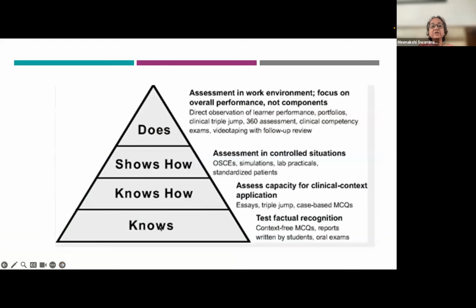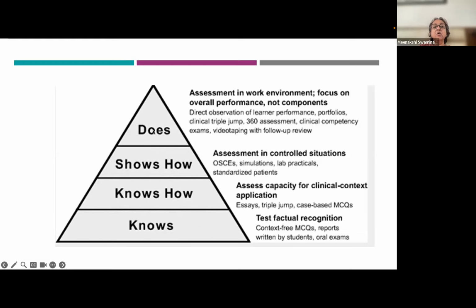So here's Miller's pyramid showing knows how, shows how, and does, and the types of assessment tools or instruments that are used for each one of these. So for knows, we may use MCQs or oral exams, reports written by students, assess the capacity for clinical context application by essays, case-based MCQs, and assessment in controlled situations for OSCEs, simulations, lab practicals.